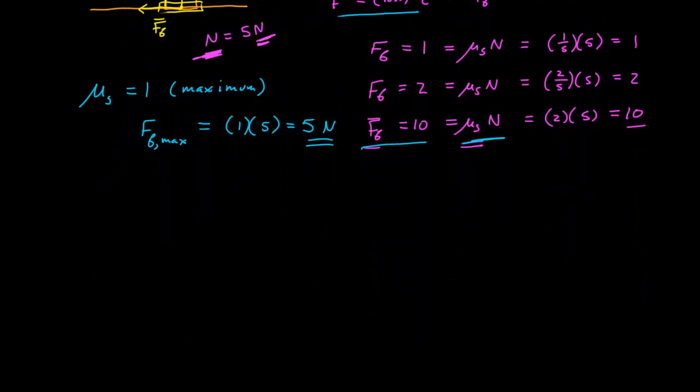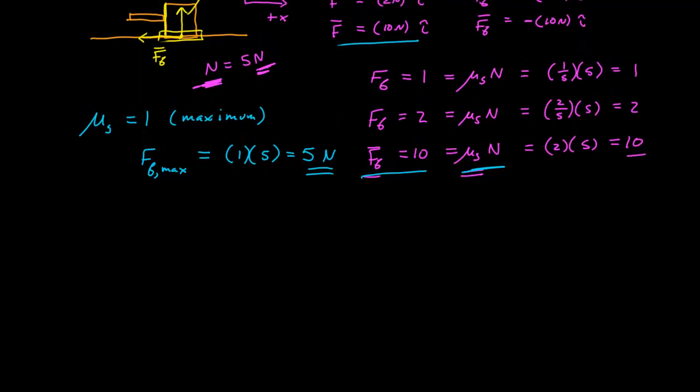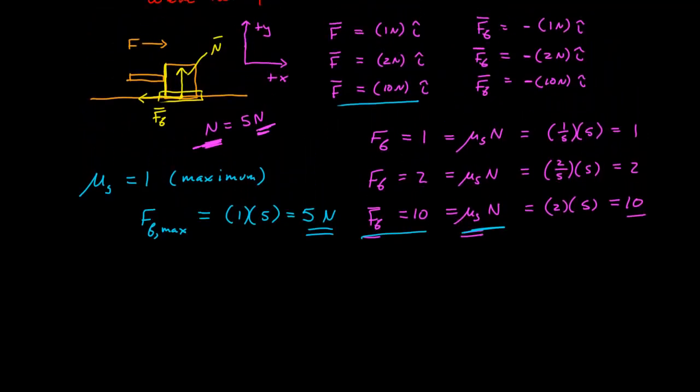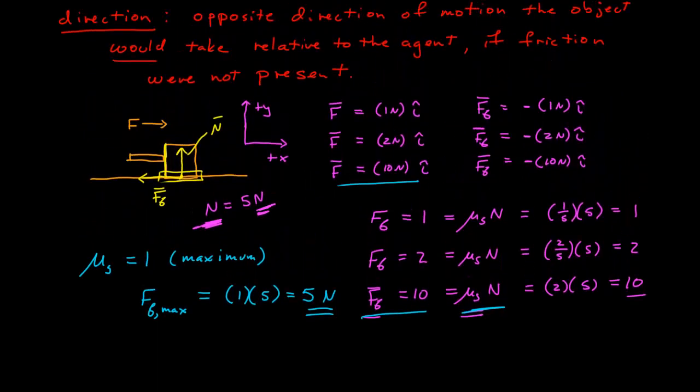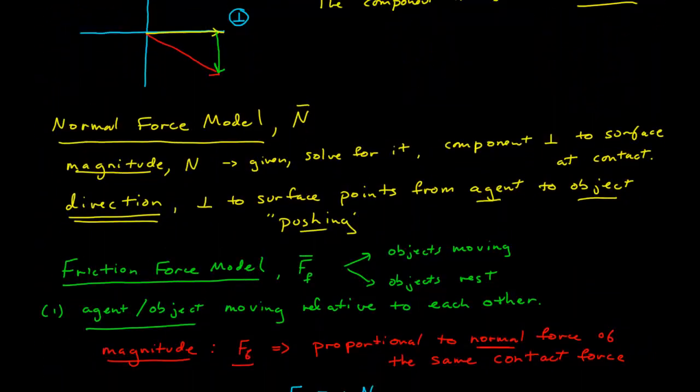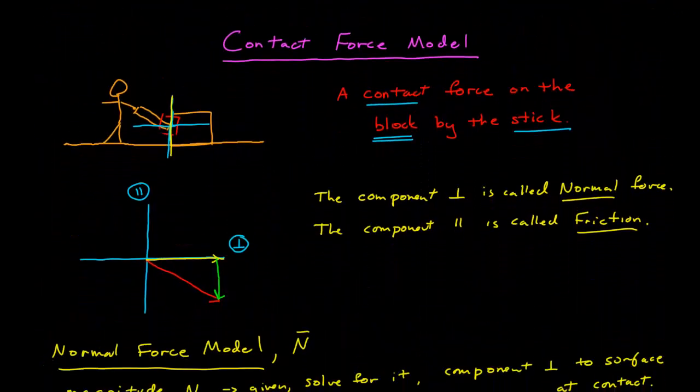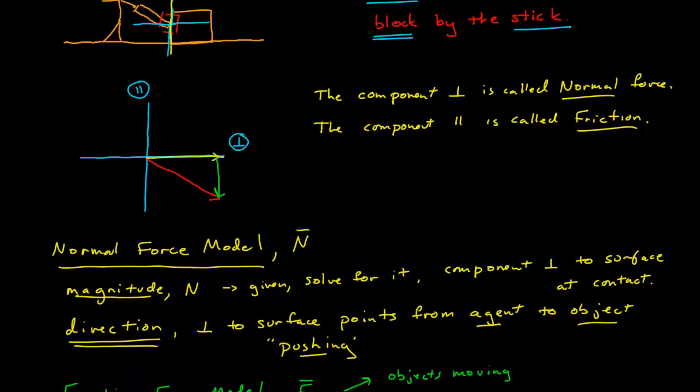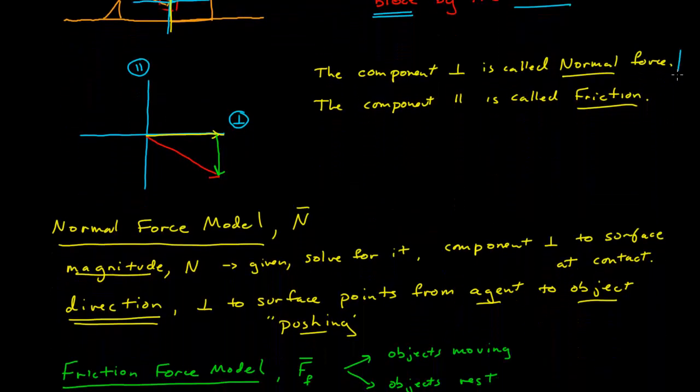And so the contact force can be quite complicated, and so it's worth spending some time because it's so important in doing lots of these types of problems. But the key is that the contact force involves the agent and the object in physical contact, and you break them up into a normal and a frictional force, where the normal is perpendicular and the friction is parallel to the surface of the object at the point in contact.